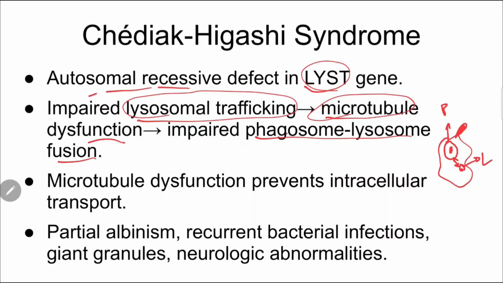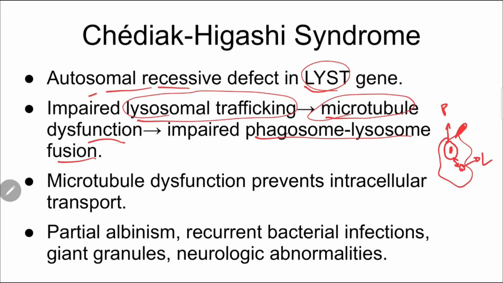Now this process of fusion between the phagosome and the lysosome requires the microtubules, right? And those microtubules require the lysosomal trafficking gene. So this means that when you have a defect in the LYST gene, in the trafficking gene, you have a microtubule dysfunction, and that leads to impaired fusion of them.